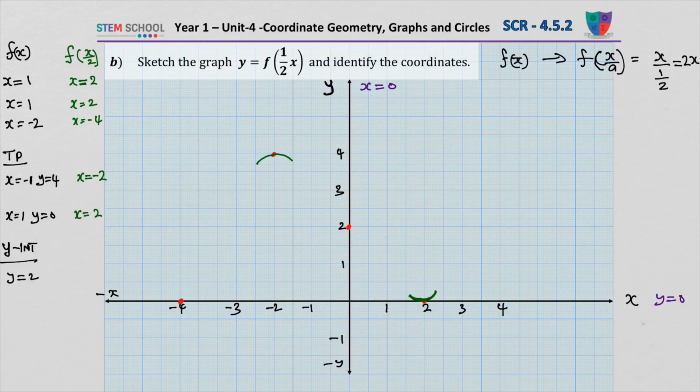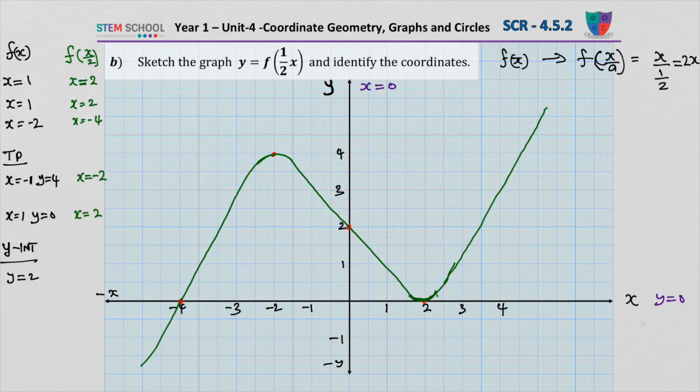And this curve will be going to the 4 there, and this curve will be going to 2, and then meeting the maximum there, and that will be going all the way to infinity.